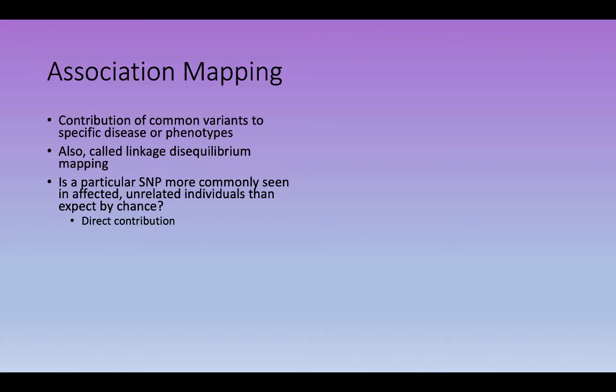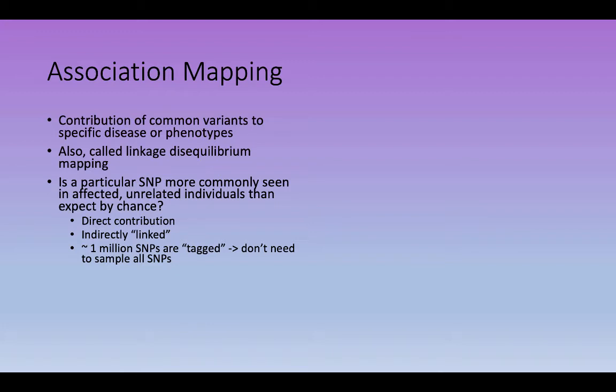And we can look at this in a couple of different ways: from direct contribution, from indirect or linked contribution. And one of the reasons it's important to think about this indirect linked contribution is, yeah, it's great if we can observe the exact allele that we think is associated with a specific disease or trait. But historically, we haven't actually sequenced the entire genome when we're generating SNP calls.